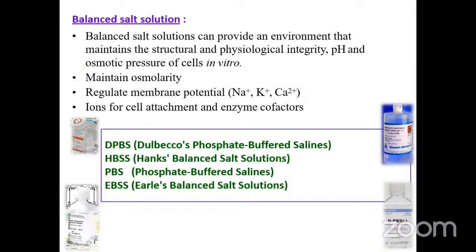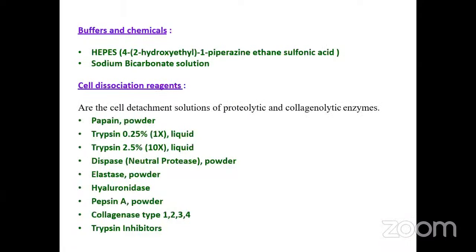So these are the balanced salt solutions: DPBS, Dulbecco's phosphate buffered saline; HBSS, Hank's balanced salt solution; PBS, phosphate buffered saline; and EBSS, Earle's balanced salt solution. Then the buffers used are HEPES buffer and sodium bicarbonate solution. And the cell dissociation reagents: whenever we want to subculture, we have to detach the cells.